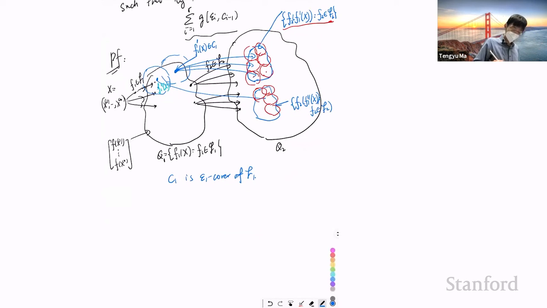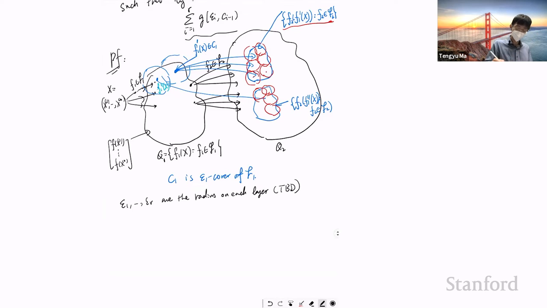So formally, what we should do is the following. Epsilon 1 through epsilon r are the radii on each layer. These are just TBD.